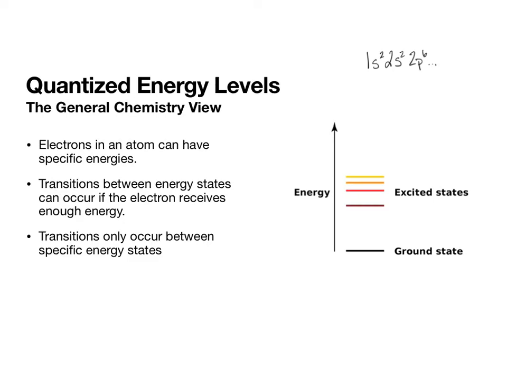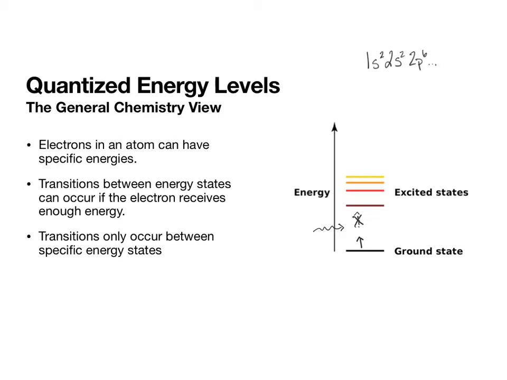And as those of you who have taken instrumental at this point know, we talk a lot about transitions that can occur between these energy levels, these energy states, if an electron receives enough energy. And we talk about how the transitions only occur between specific energy states. So if our electron exists here in the ground state, then we can't put energy in and get our electron to exist here in the middle.